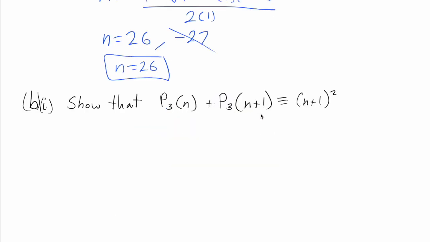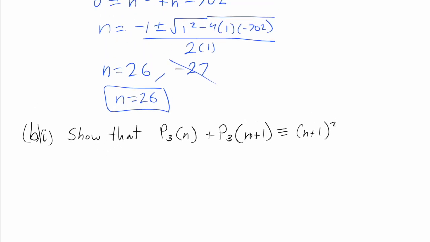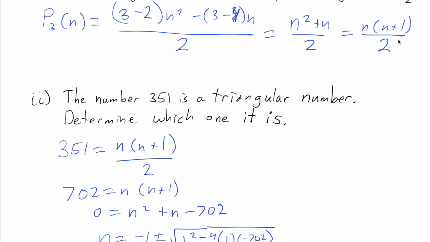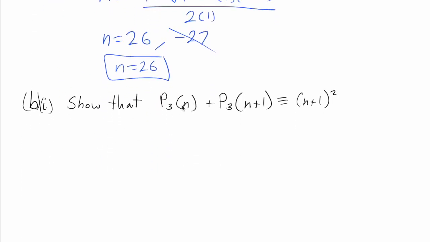P3 of n plus P3 of n plus 1 equals n plus 1 squared. So that's simply using the formula again. The formula n times n plus 1 over 2. So here we got n times n plus 1 over 2. Now the same formula, just substitute n plus 1 into this. So you get n plus 1, and this becomes n plus 2.